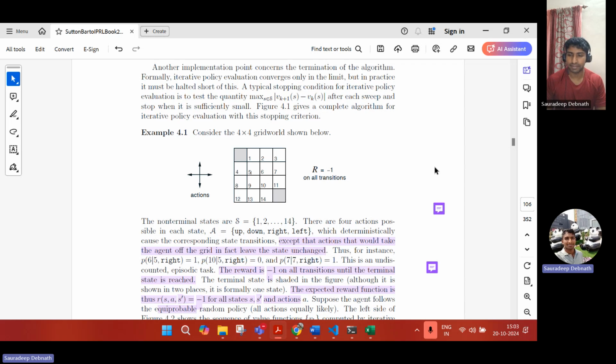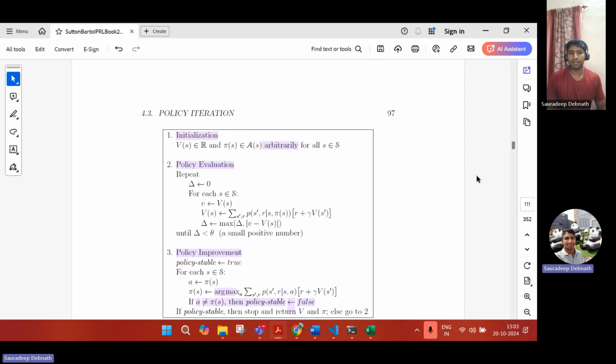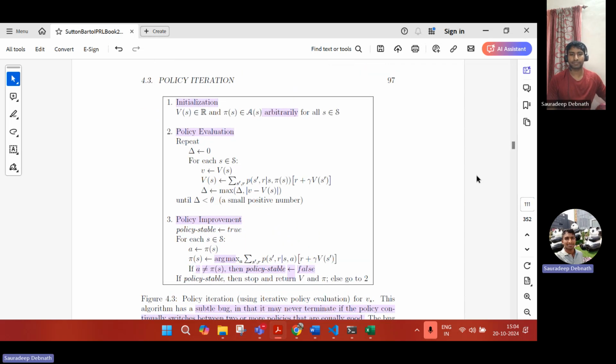And right now, if we look at the algorithm itself, policy iteration, it has three steps. Firstly, we initialize the value for each state randomly. Now, what is a value function?